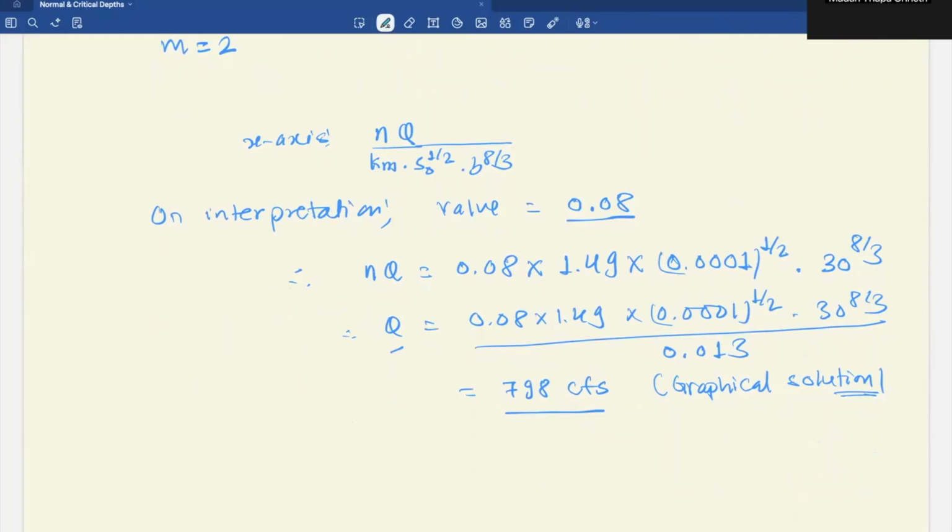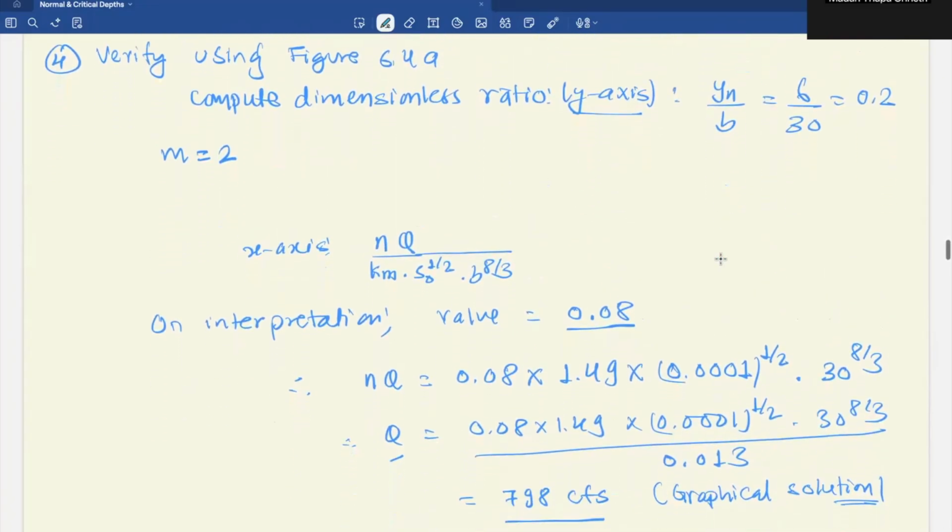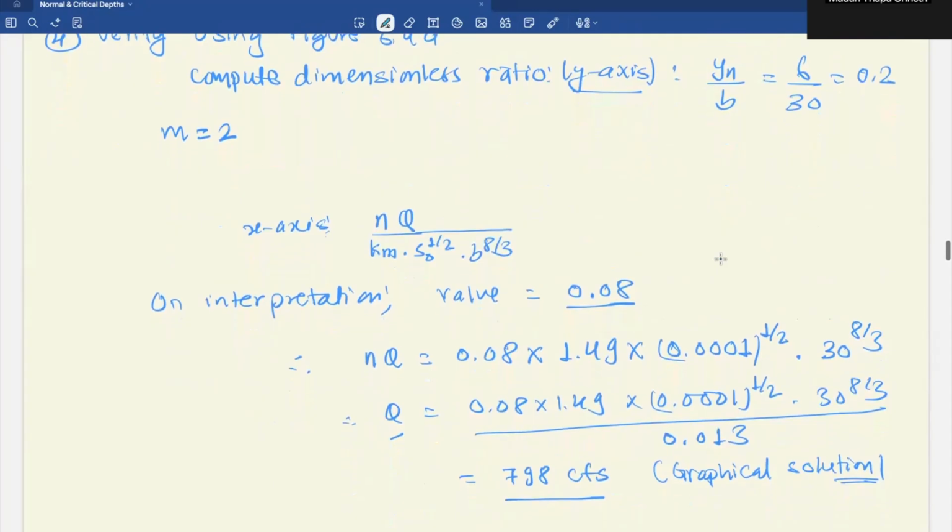These two answers, from the Manning's equation and graphical solution, differ slightly because reading values from a chart introduces small errors. So both are acceptable. On exam, the direct calculation from Manning equation is more preferable and precise. So you can follow that.